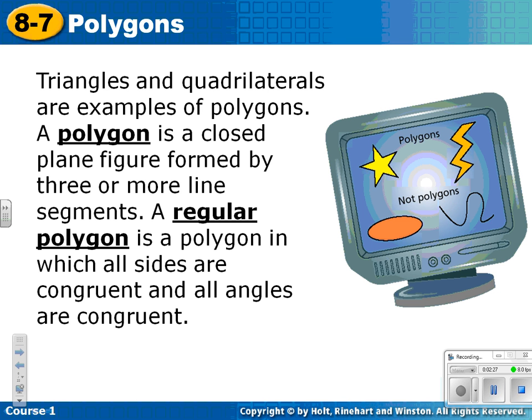So all sides and all angles are congruent. Who can think of an example of a regular polygon? Jeremiah. A square. A square would be a regular polygon because all the sides are the same length and all the angles are the same.